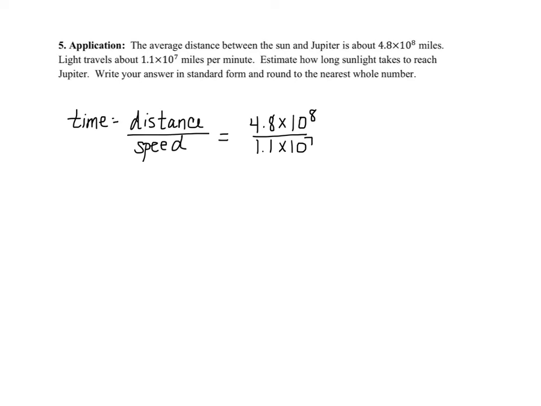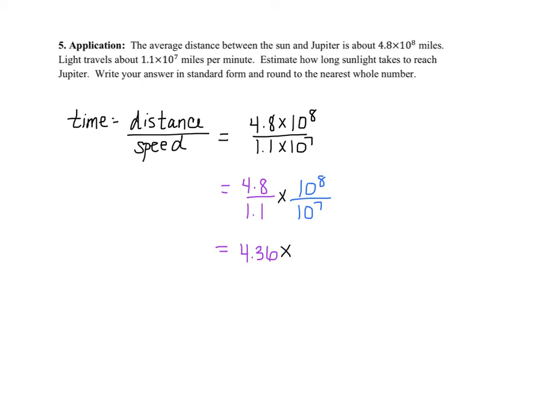Okay, so our next step is we want to separate it. So that equals, we're going to say 4.8 over 1.1 times 10 to the 8th divided by 10 to the 7th. And that equals 4.8 divided by 1.1 gives us 4.36.